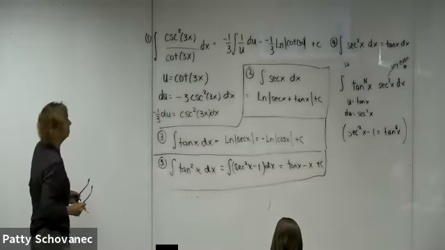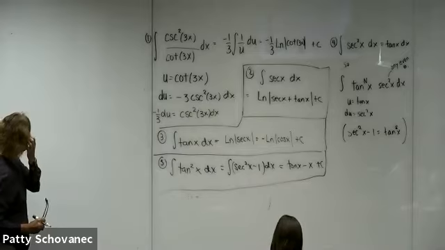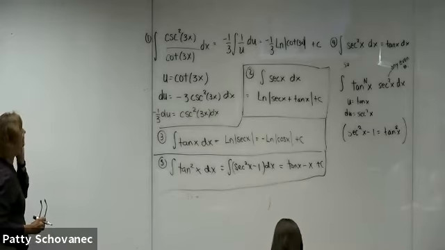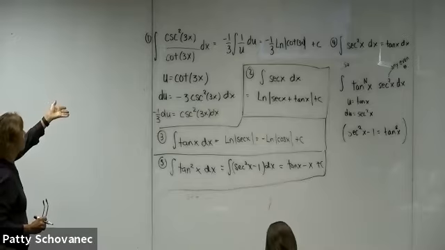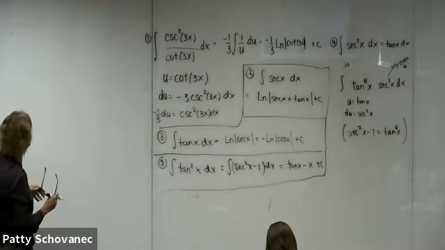Okay. So now we're on. Those are the easy ones. Those are the ones we have memorized. So how about number 6 will be tangent cubed.